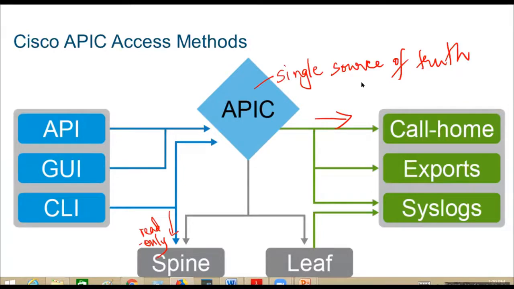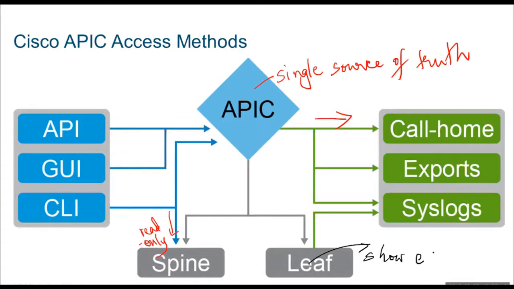On the spine and leaf switches, you can always resort to using your iOS or NXOS. Show endpoint detail, show VLAN extended.